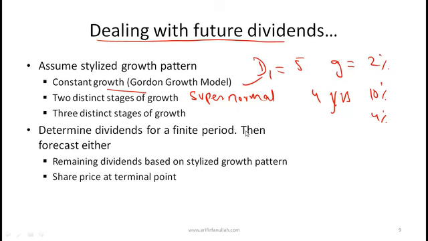Again you are assuming some pattern. Or you might have 3 stages of growth, which we will talk about later. The other method is you determine the dividends for a finite period, and then after that either forecast the remaining dividends based on stylized growth, or you come up with a share price at the terminal point and discount that back.